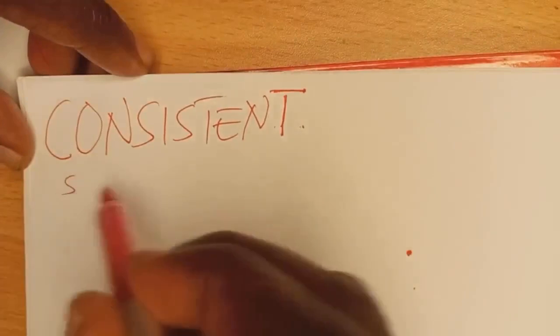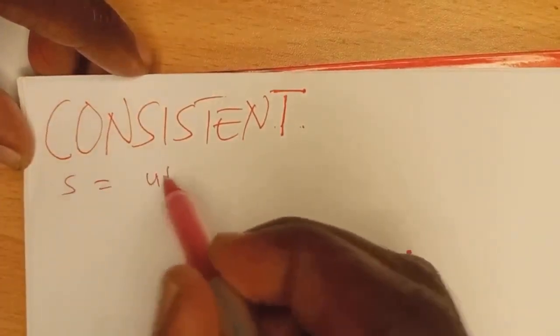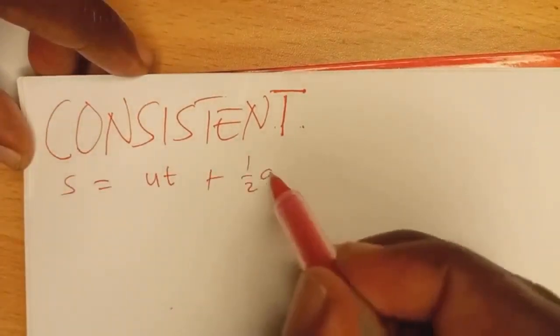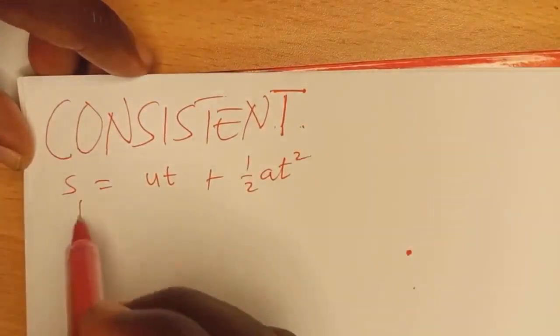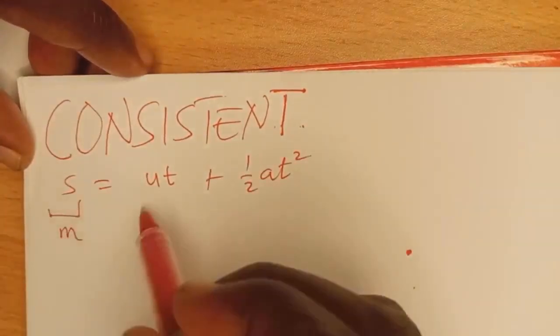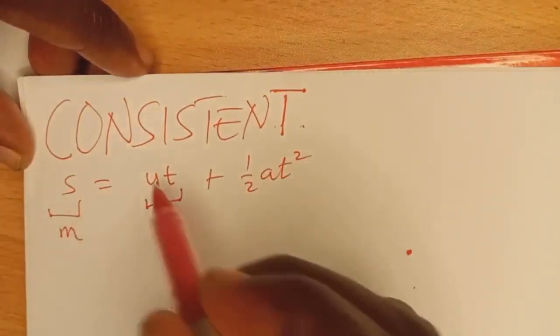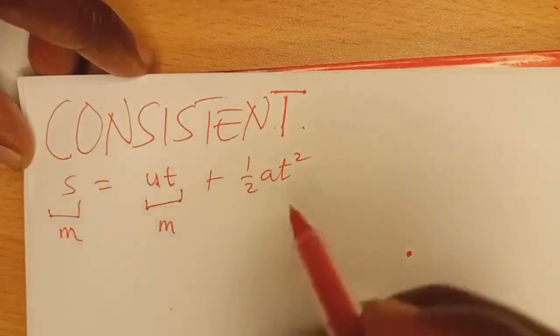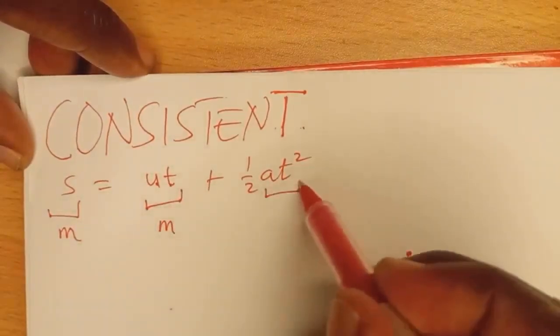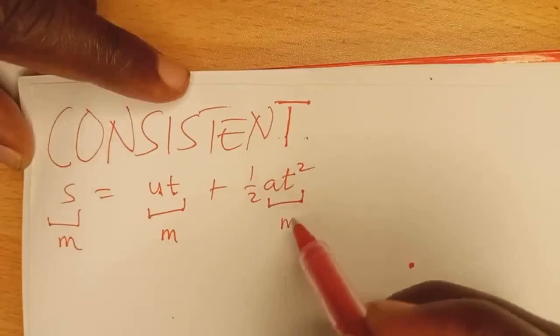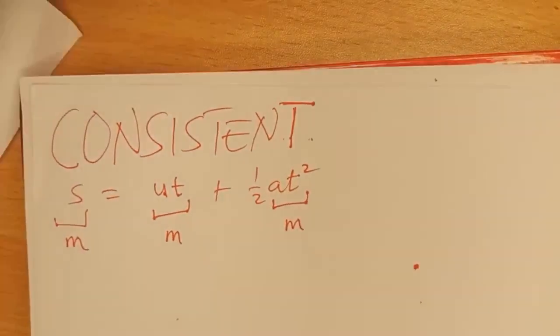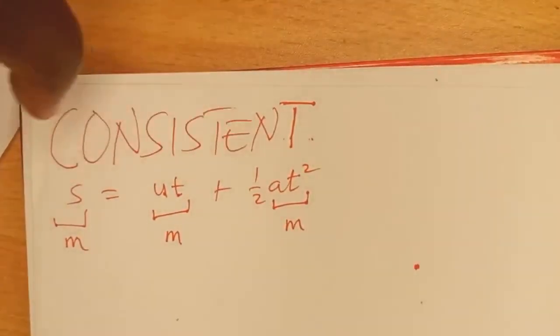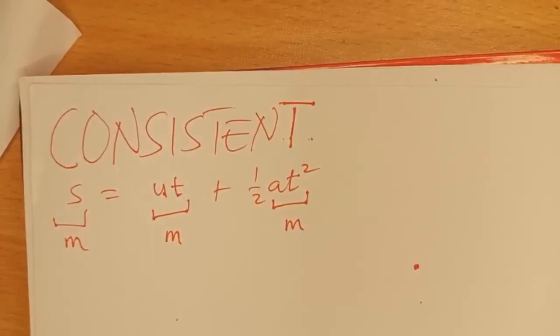For example, if I have S is equal to ut plus half a t squared, I know that my S is measured in meters. Then the combined unit of velocity and time must give me meter, and the combined unit of acceleration and time here must also give meter. When this happens, we say it is dimensionally consistent. Otherwise, it is inconsistent, and when it is inconsistent, it is wrong.